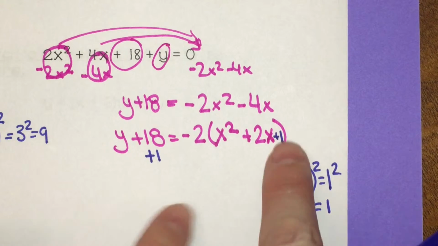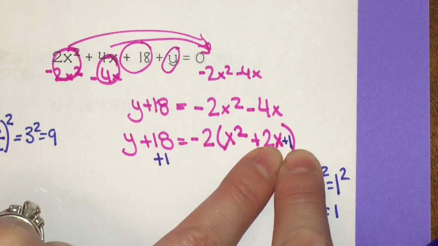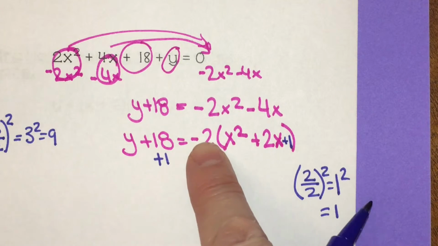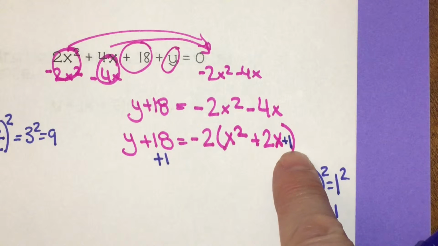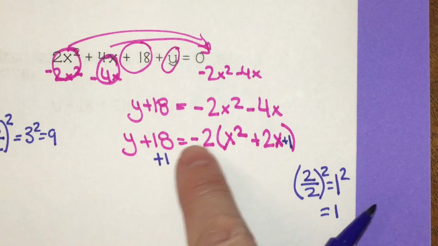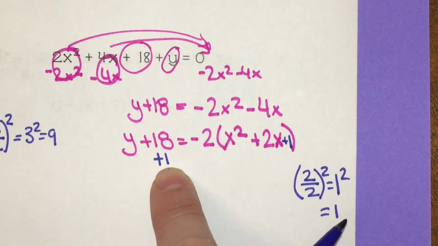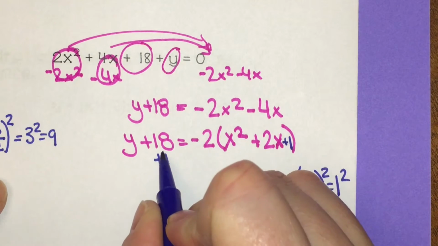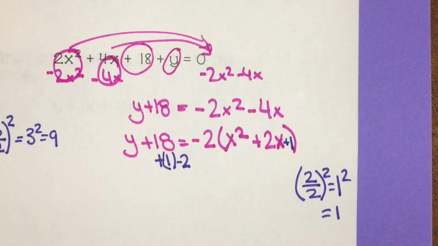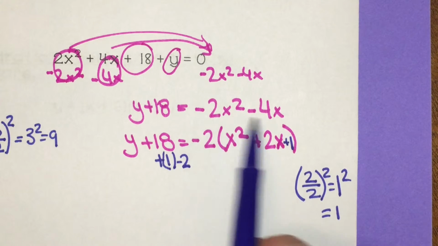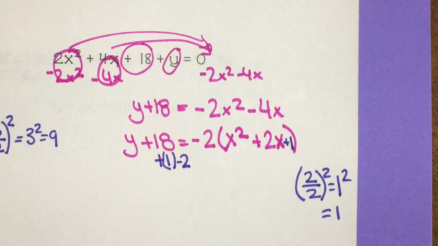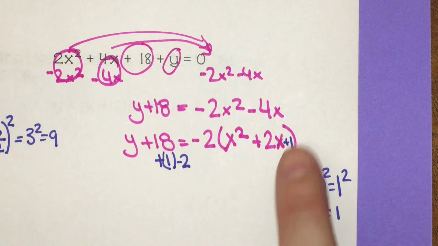But I added 1 inside the parentheses, and technically that 1 is multiplied by negative 2. So because I added 1 that's multiplied by negative 2 to the right side, the 1 that I added to the left side also has to be multiplied by negative 2. Otherwise, the two sides aren't balanced, because if I distribute this, negative 2 times 1 is negative 2. So it's like I added a negative 2 to this side.